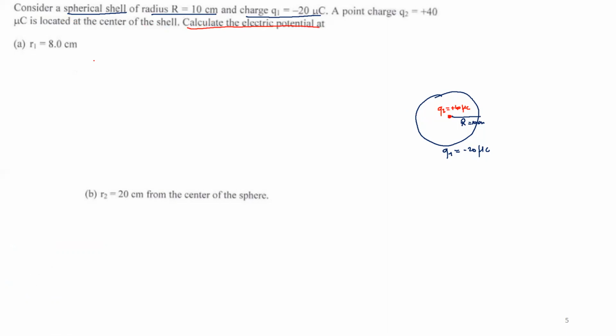Calculate the electric potential inside the spherical shell when R1 is equal to 8 centimeters, and outside when R2 is equal to 20 centimeters from the center. So I want the electric potential here at R1, which is 8 centimeters inside, and outside when R2 is 20 centimeters.